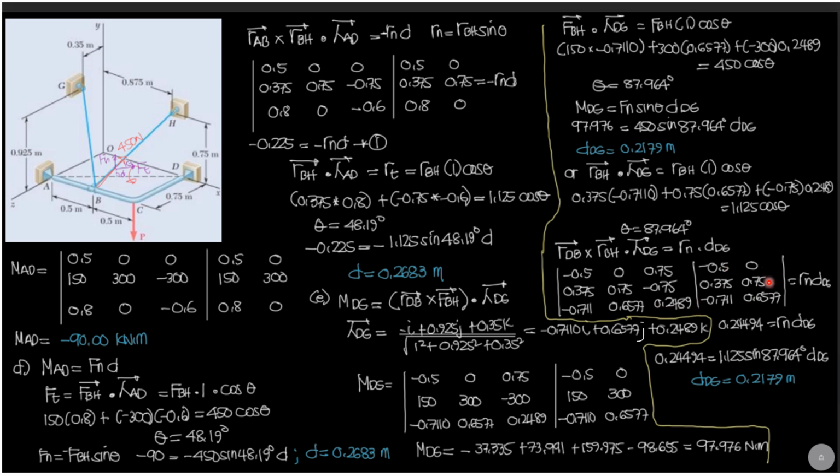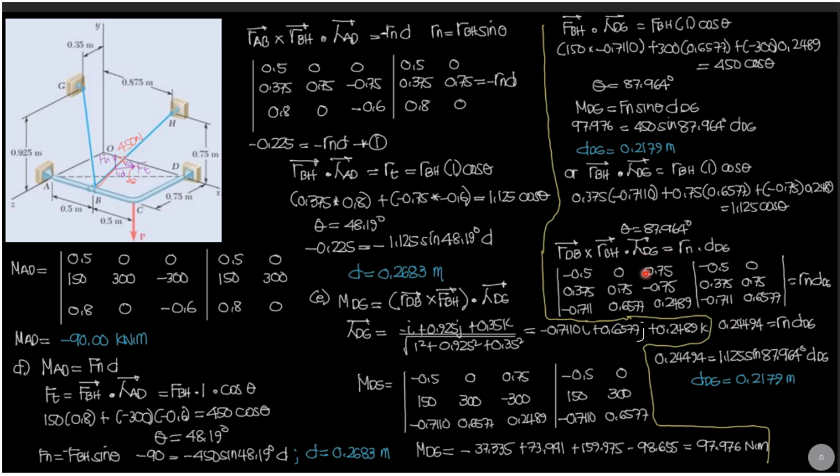Then copy the first two columns, equate it to r_BH times the perpendicular distance between the axes. It is now positive because if you apply the right thumb rule, your right thumb is going in that direction, and the curling of the forefingers is really positive, in the same curling as the moment of the force supposedly.